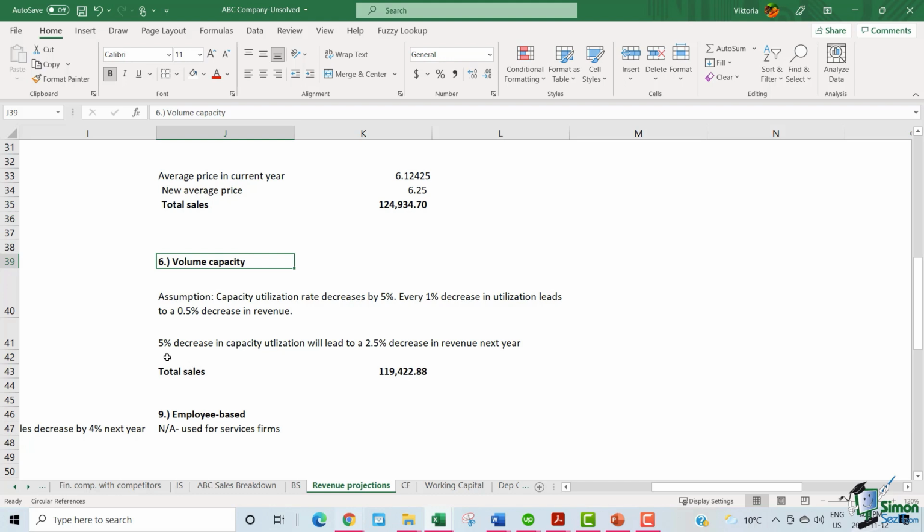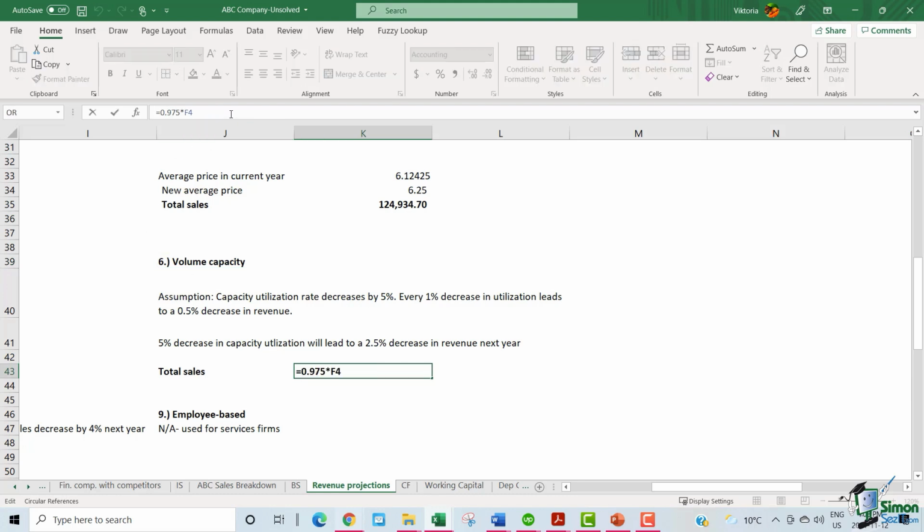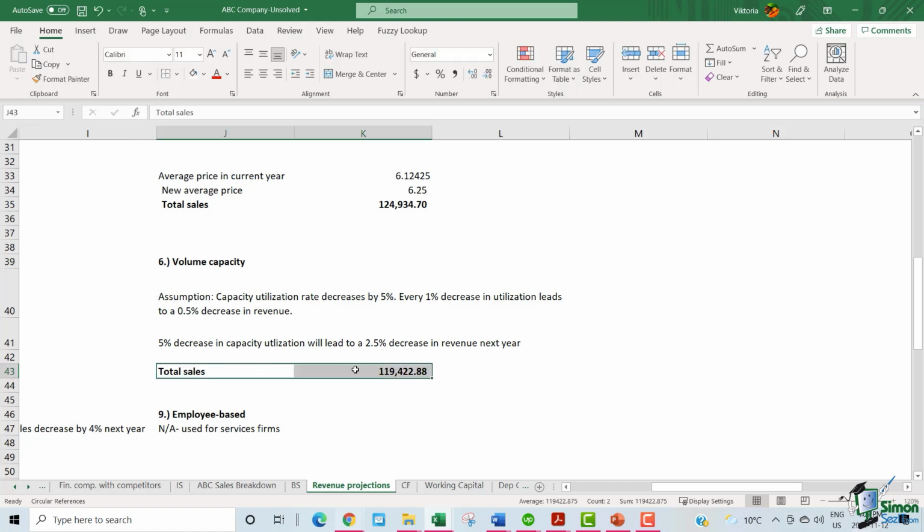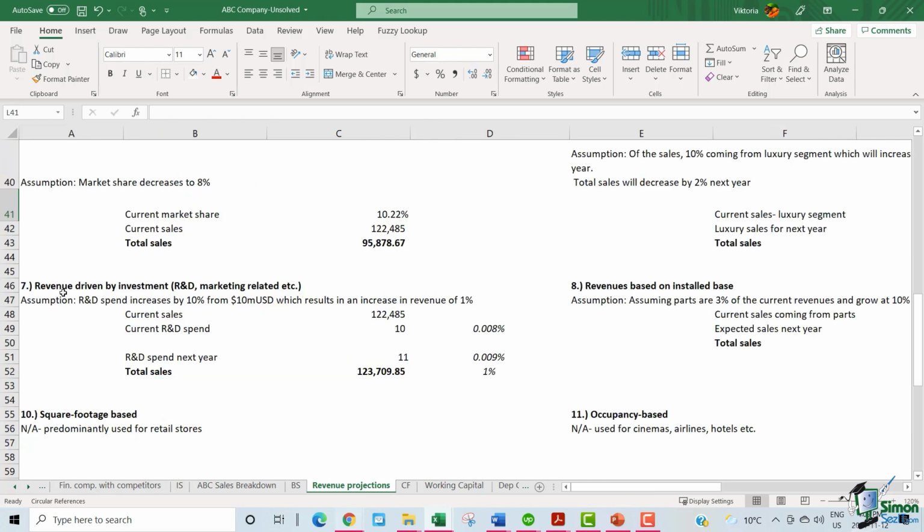So effectively what this means is that the 5% decrease in capacity utilization will lead to a 2.5% decrease in revenue next year, which means that the total sales next year will be 97.5% of the current year's sales. Our total sales using this approach is $119,422.